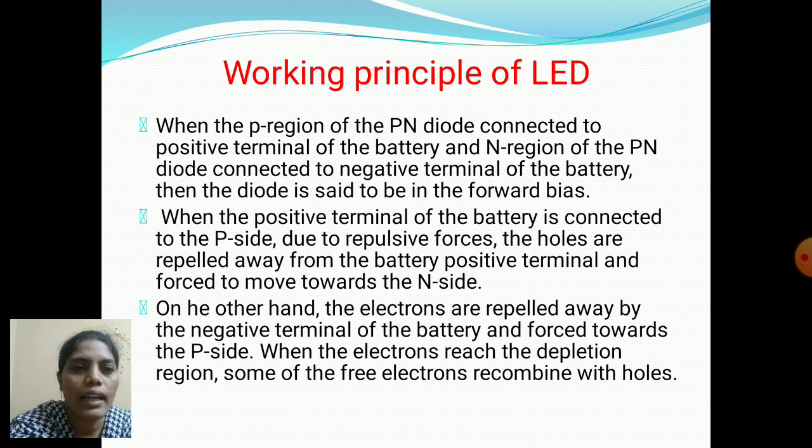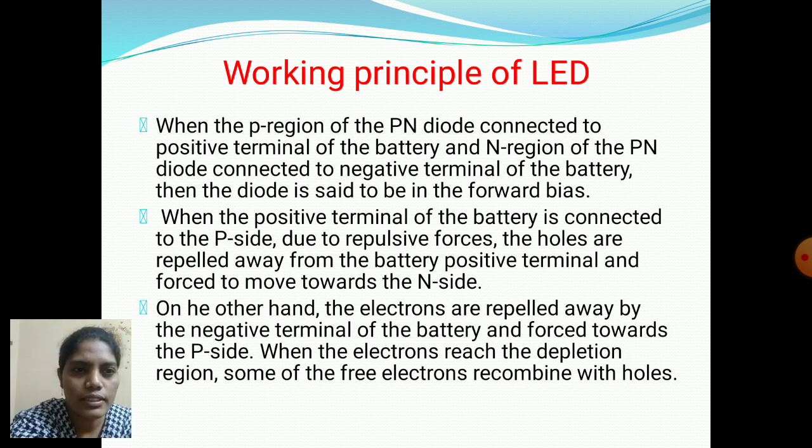On the other hand, the electrons are repelled by the negative terminal of the battery. As we all know, the electrons, which are the charge carriers in the N side of the PN diode, and the negative terminal of the battery are both negatively charged, so they repel.